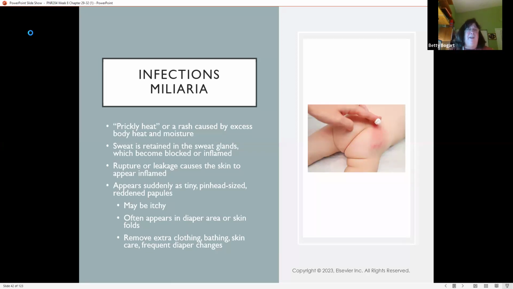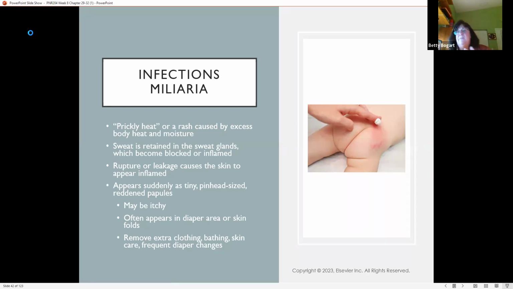Infectious miliaria, this is your prickly heat. This is sweat that gets moist and creates rashes on them. You'll see little tiny pinhead, reddened papules, and it can be itchy on these children.